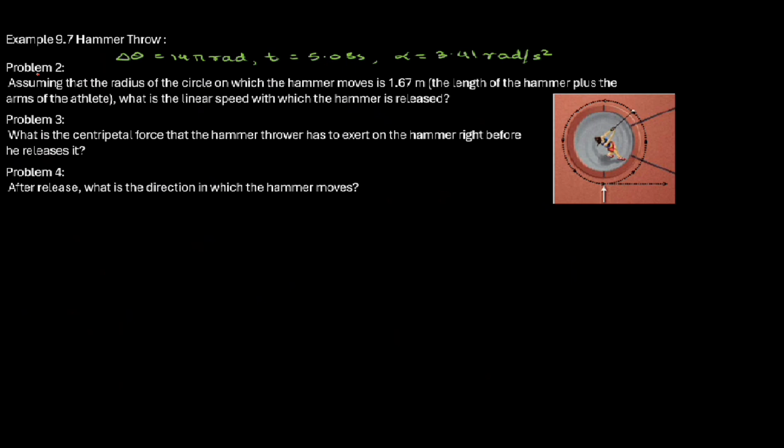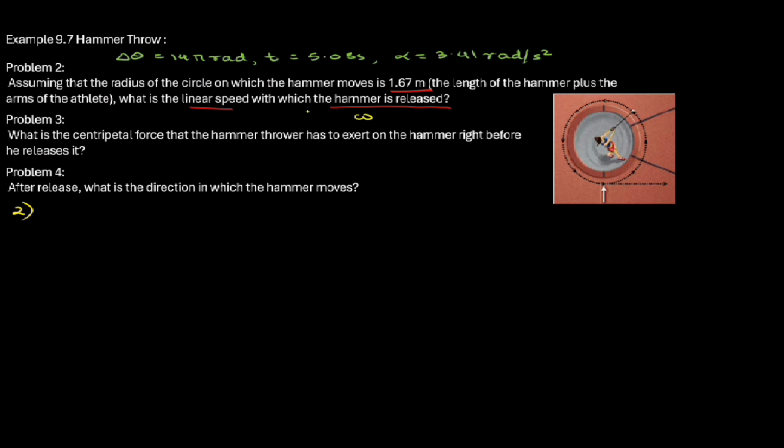Problem 2 is asking us, assuming that the radius of the circle on which the hammer moves is 1.67 meter, the length of the hammer plus the arms of the athlete, what is the linear speed with which the hammer is released? Now, if I want to find the linear speed with which the hammer is released, I need to first find what is the angular speed omega with which it was released.